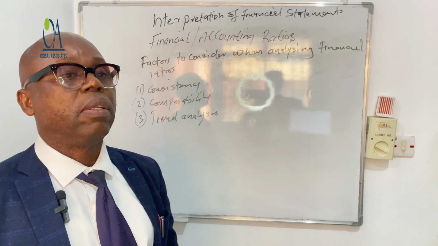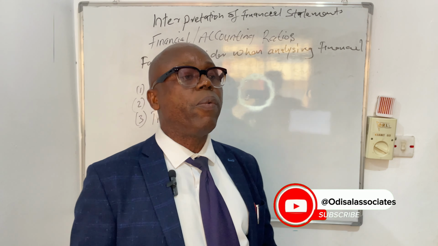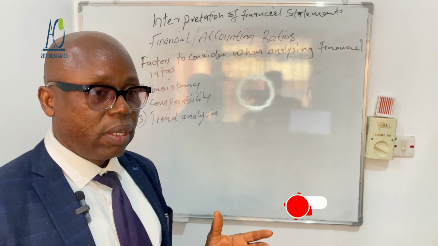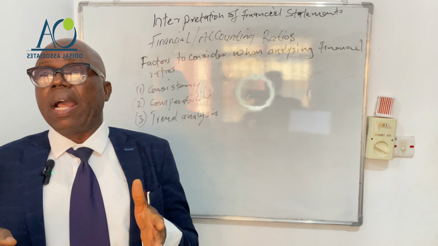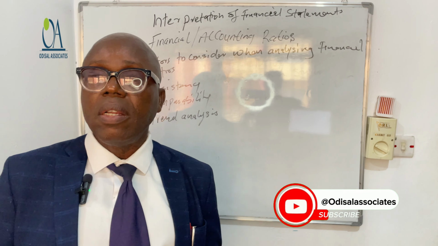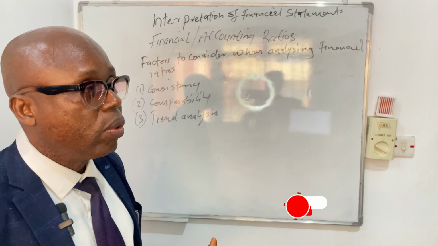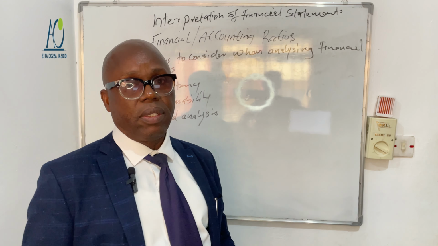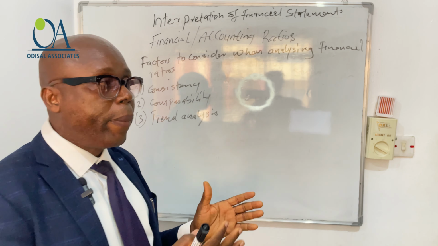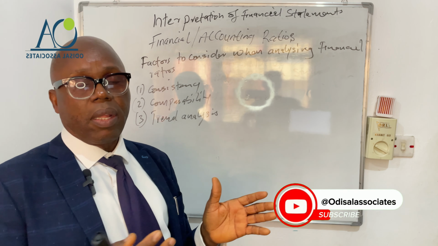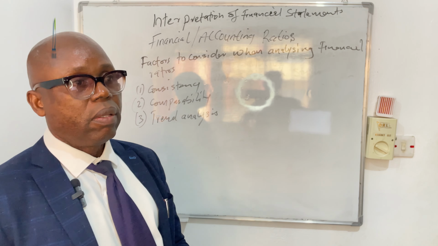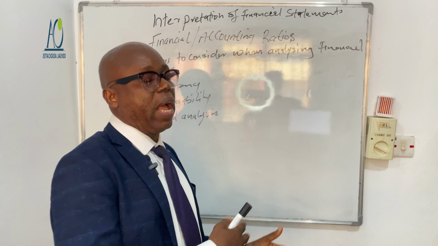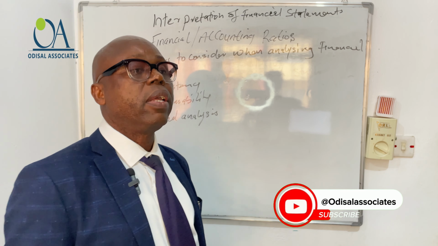Comparability. Of course, we know very well that comparability is one of the things that plagues accounting. That's why we even go to IFRS. The ability to compare your accounts between industries, between previous year and current year is very, very important.